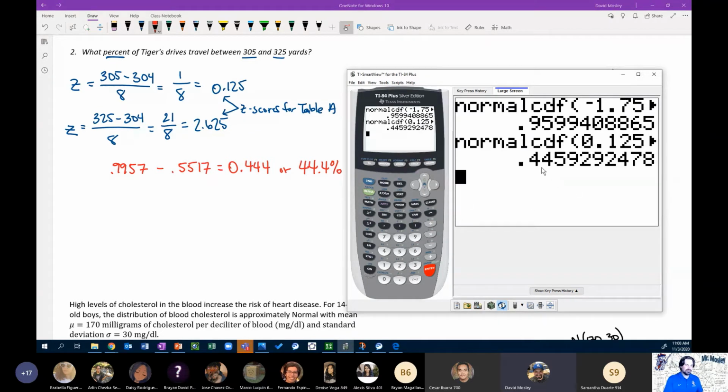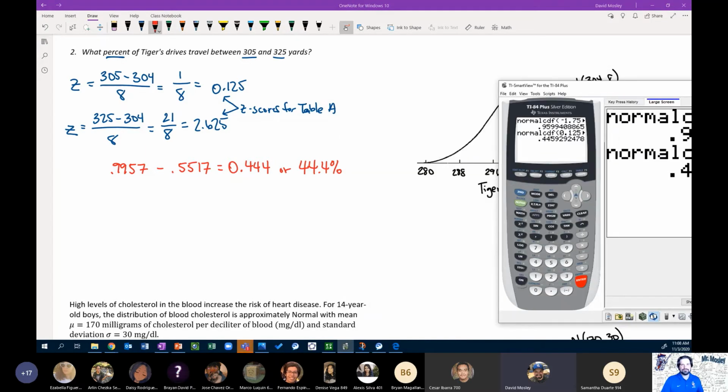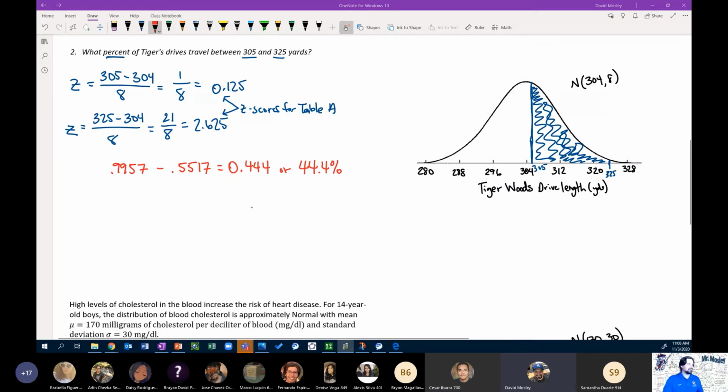So using the calculator, we got basically 44.6%. So we have table A here, and we got 44.6% using the calculator.